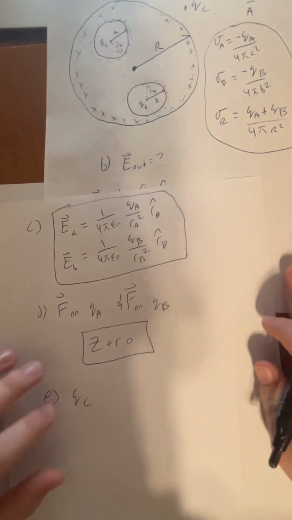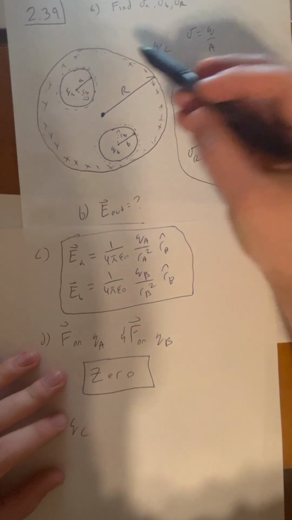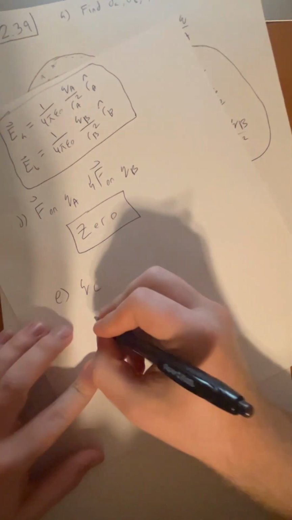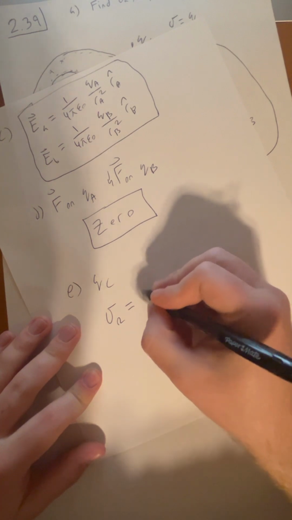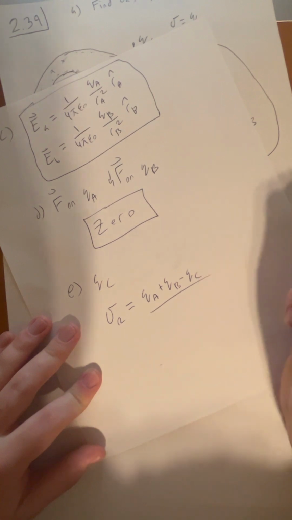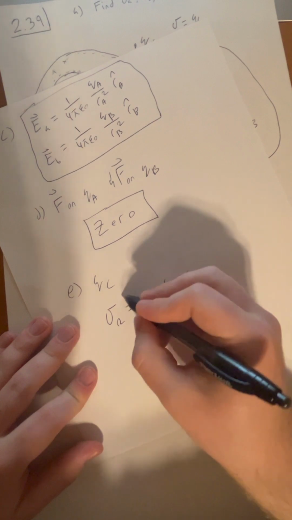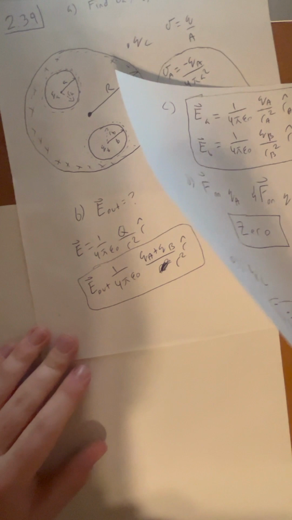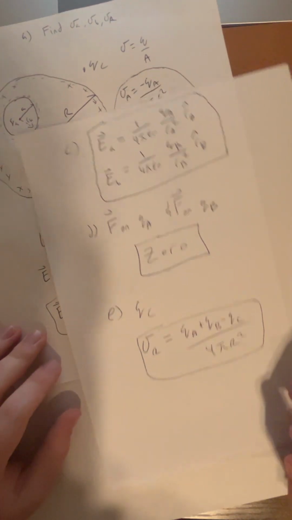Sigma R, on the other hand, which existed to compensate for QA and QB, now has another charge to compensate for. So sigma R will be changed to be equal to QA plus QB minus QC to keep the equilibrium, and it'll still be over 4 pi r squared. All right, so moving on to the next ones. Let's see. Okay, part B, the E out will change.